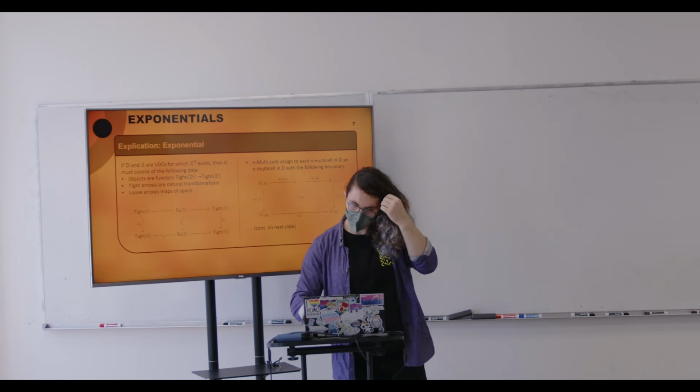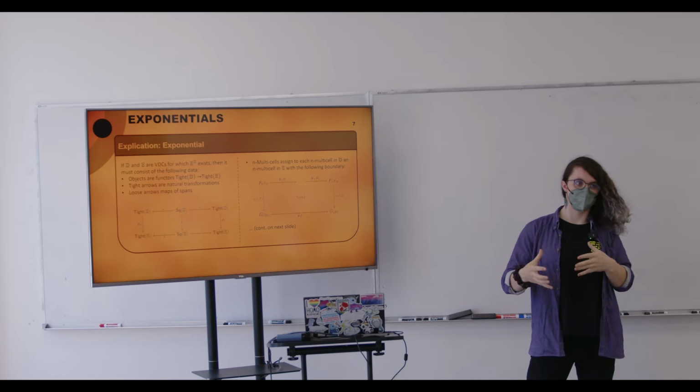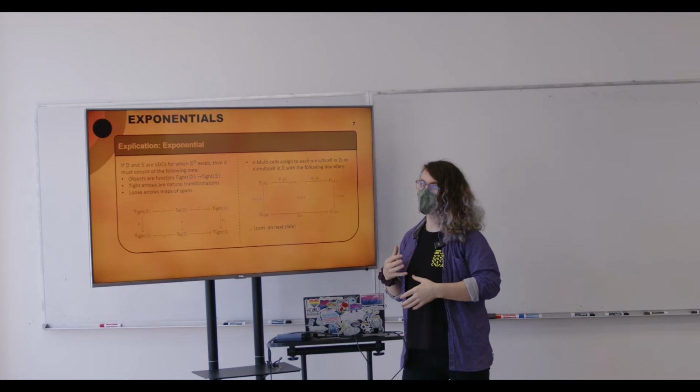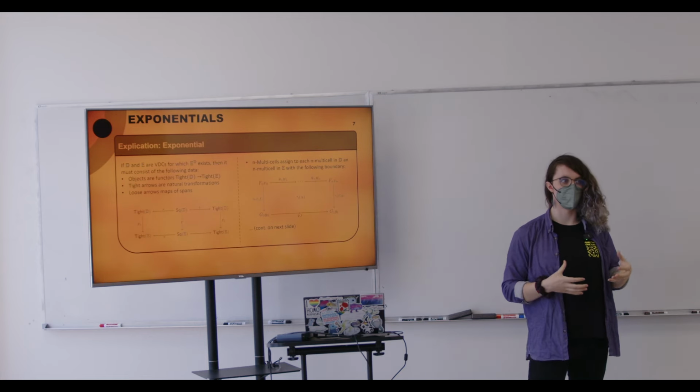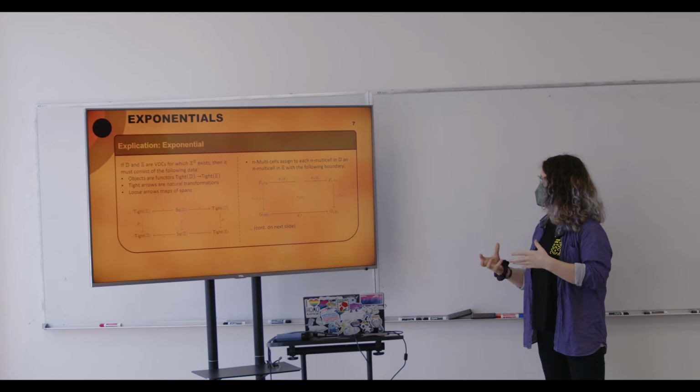To explicate things a bit, if we could construct an exponential like this, what would its objects consist of? What is the data that would make it up?